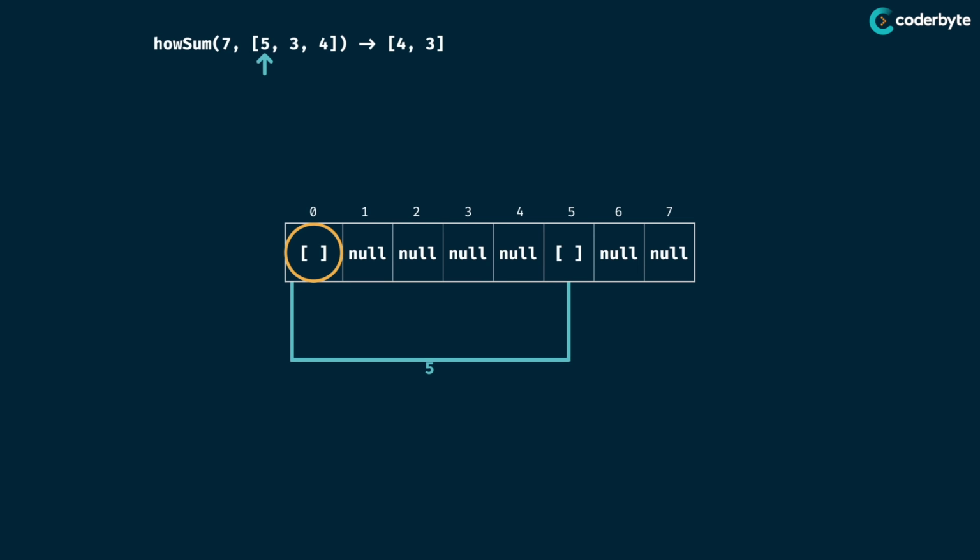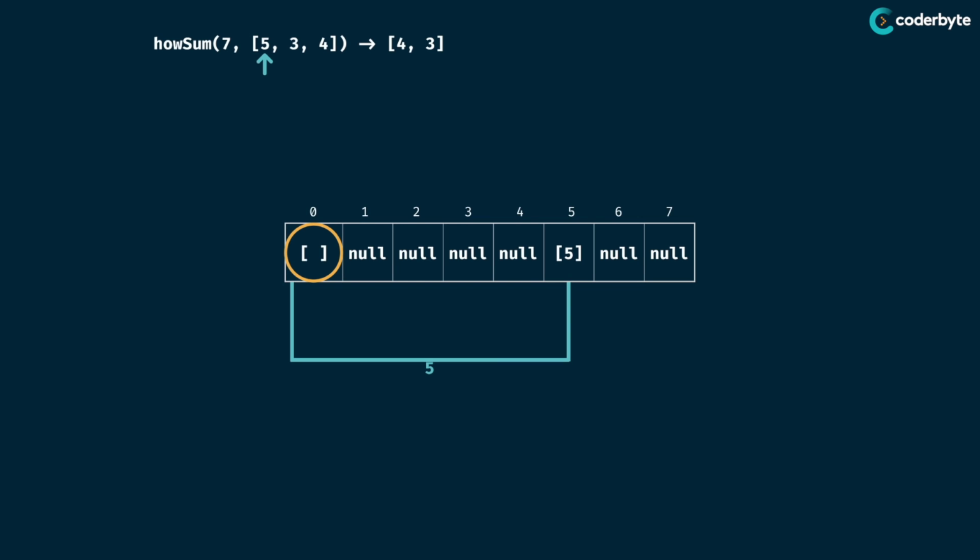However, I also have to include the number that I'm using right now. I took a 5 to actually get to this position in the first place, so I'm also going to add a 5 into that array. Cool. If I do a quick spot check, this is a reasonable thing to do because if I look at the state of that index 5, it contains an array of 5, meaning that, hey, you can return a sum of 5 by just taking a single 5.